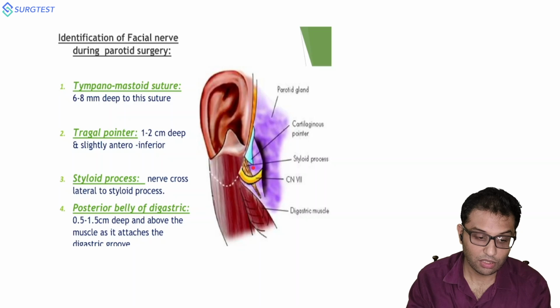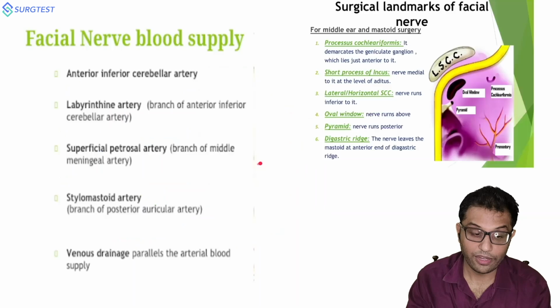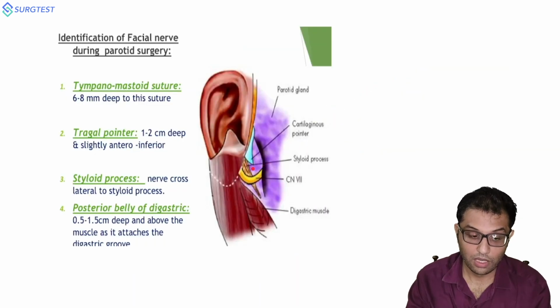So the pointer to the nerve in parotid surgery is tragal pointer, and the pointer to the nerve in ear surgery is short process of incus. This is the most commonly utilized landmark.